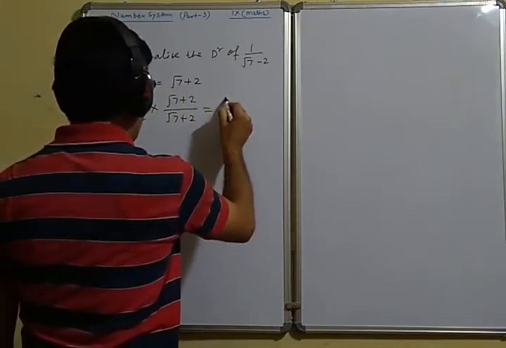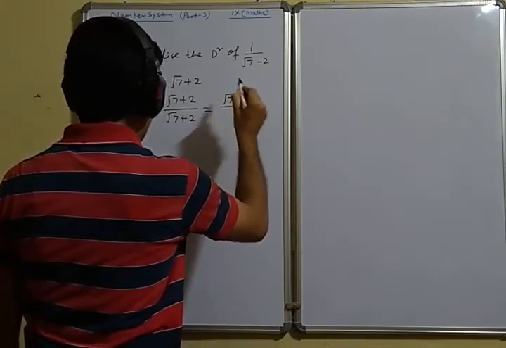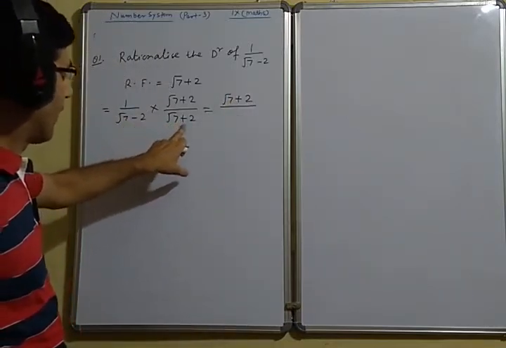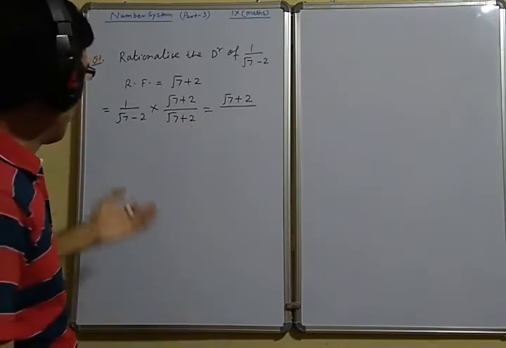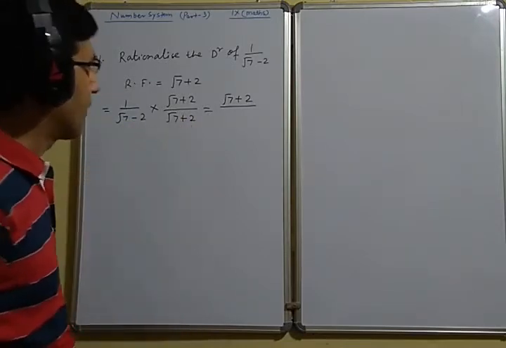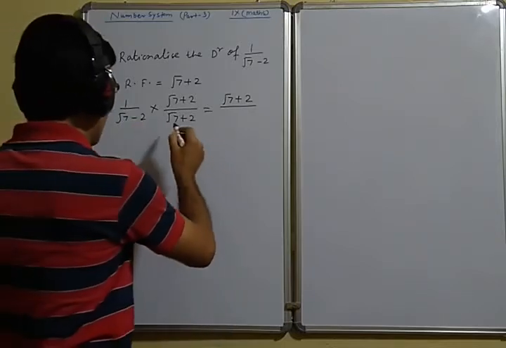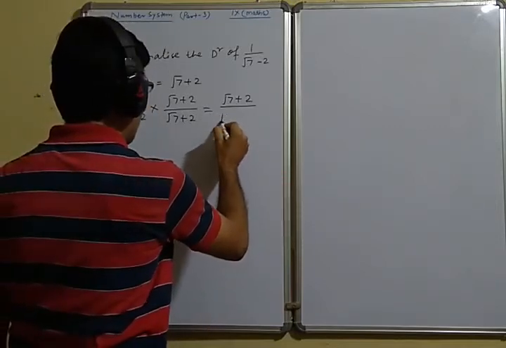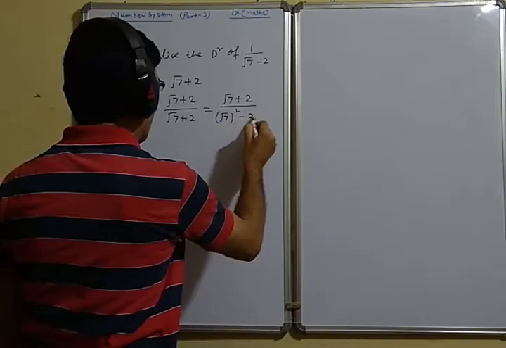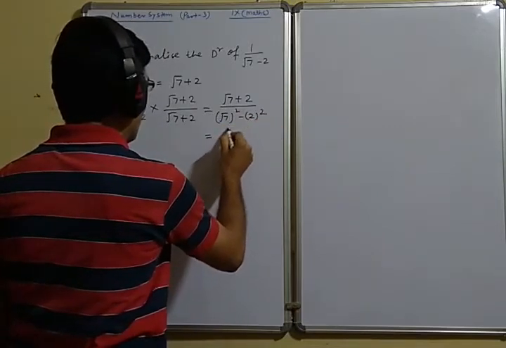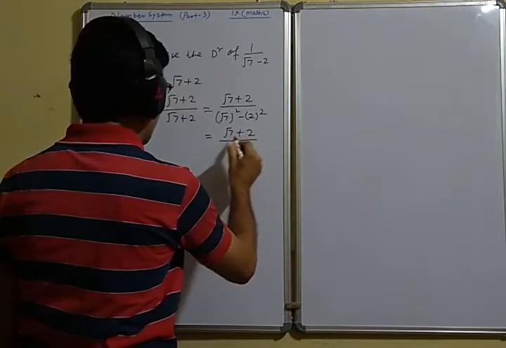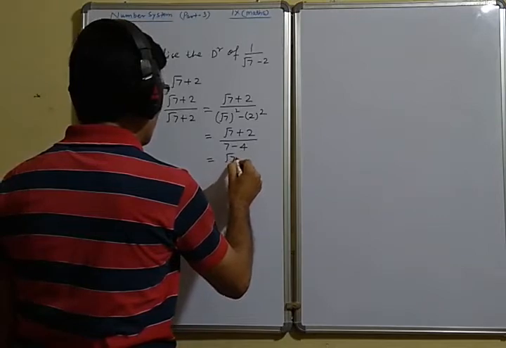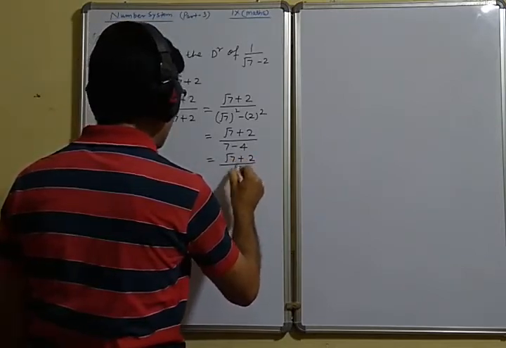So now in the numerator it becomes root 7 plus 2, and in the denominator we always get the formula of the form a plus b and a minus b, which becomes a square minus b square. So root 7 whole square minus 2 whole square. It becomes root 7 plus 2 divided by 7 minus 4, which is 3. So this is root 7 plus 2 divided by 3.